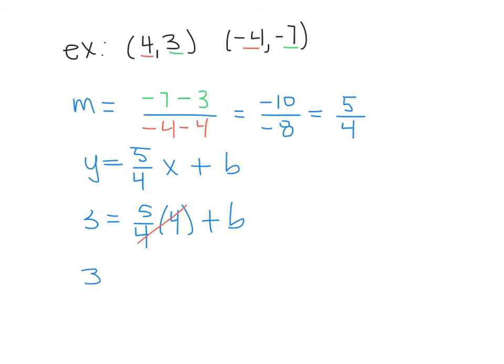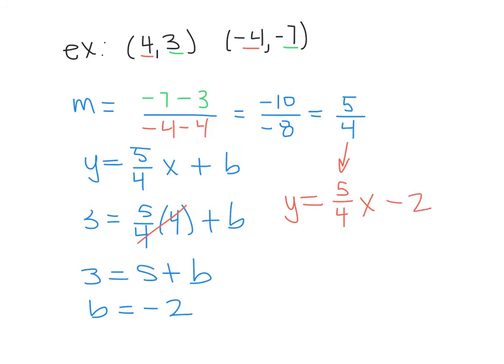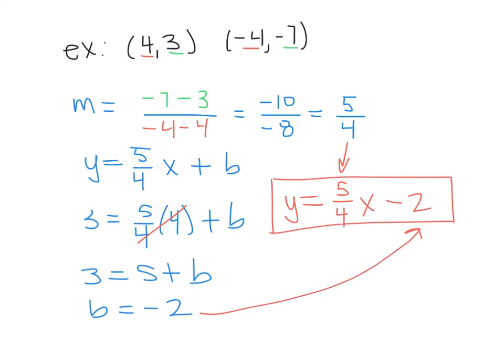We end up with 3 equals 5 plus b, so b equals 3 minus 5, or negative 2. So our equation of the line is y equals, take our slope, 5/4 x, and then our y-intercept b that we just found, minus 2, and that gives us the equation.